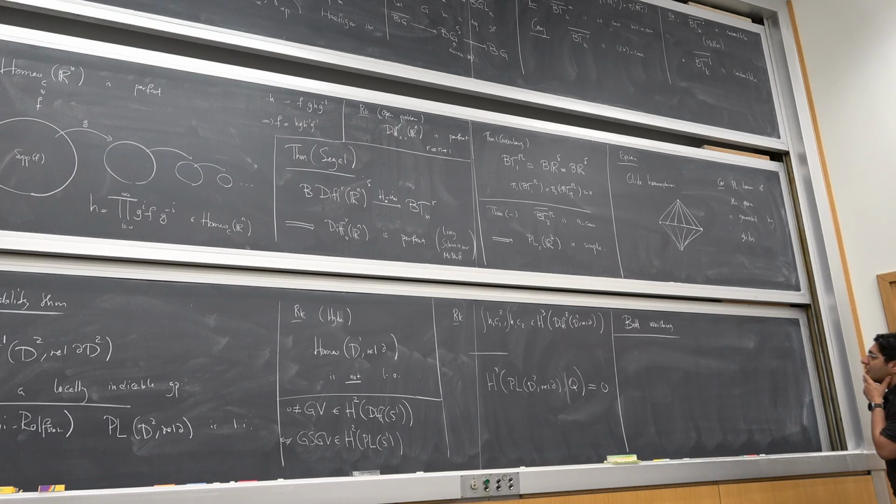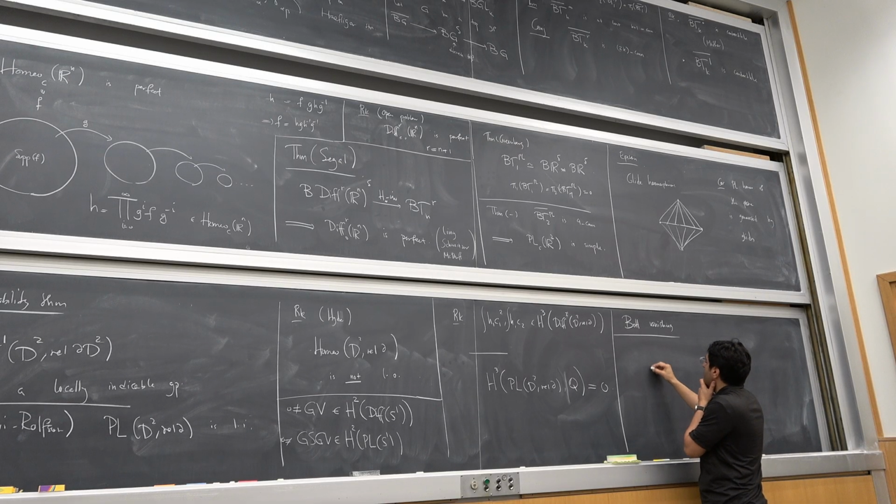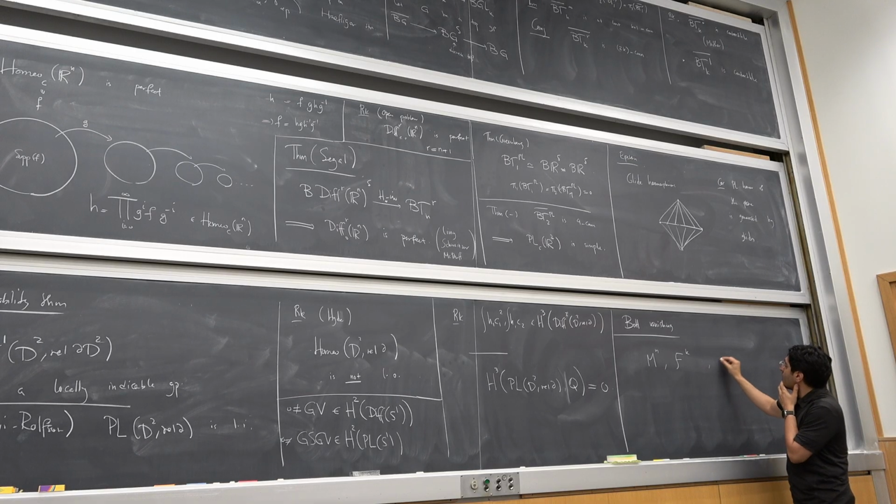Bott vanishing tells you that, if you have a manifold M, say, of dimension n, and a foliation, say, of dimension k, you can look at the normal bundle of the foliation, and this is a k-dimensional vector bundle, and it's got some characteristic classes, okay?